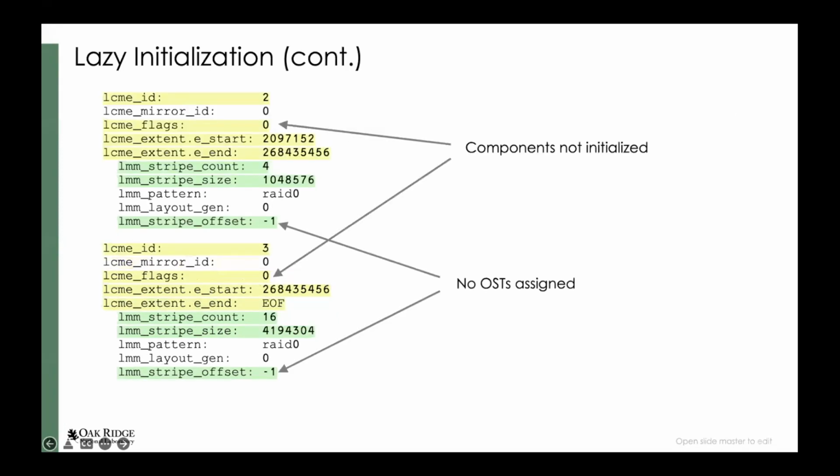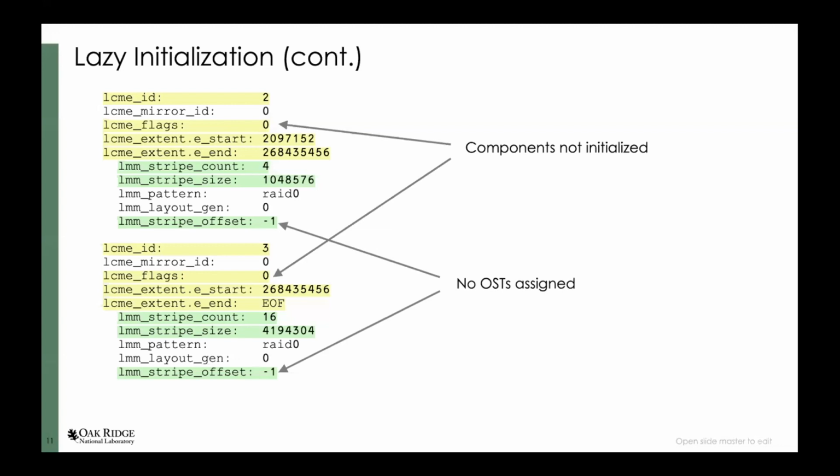The remainder of that output shows the second and third components. The yellow again shows the component information, showing IDs 2 and 3. Again, you see the flags here are a bit different. They show 0 because these components have not been initialized, so this would be prior to writing any data to the file.